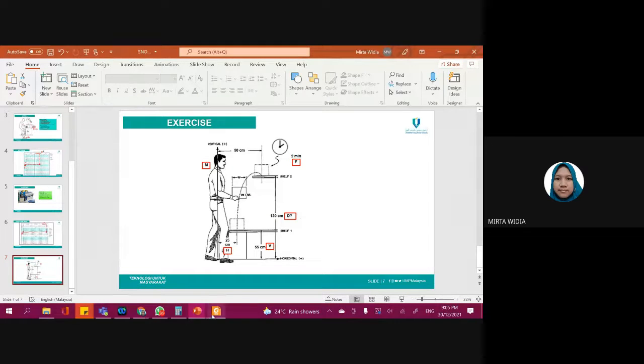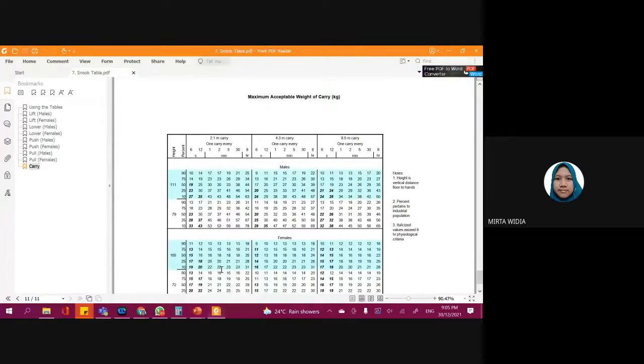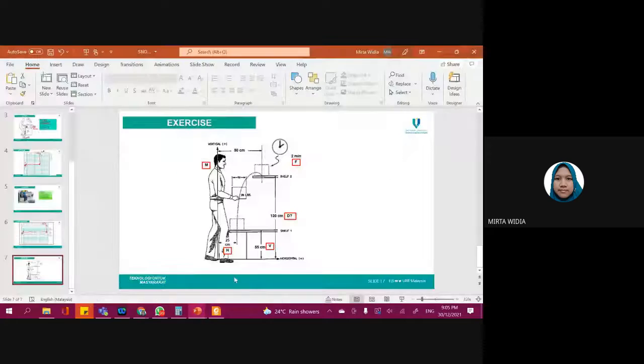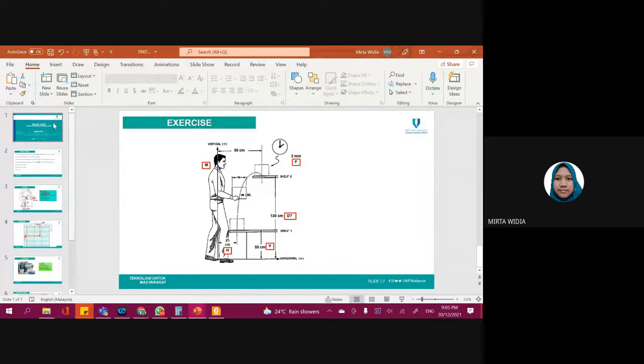I give a lifting example as well. You need to choose the lifting table for males, and then determine the maximum acceptable weight of lift for this condition. Okay, any question for this Snook table?